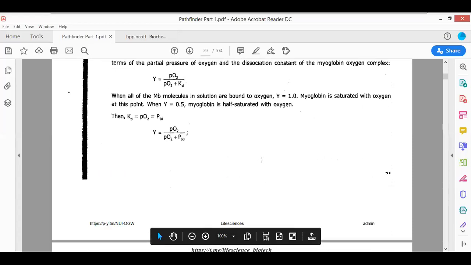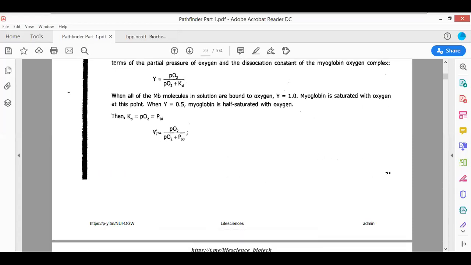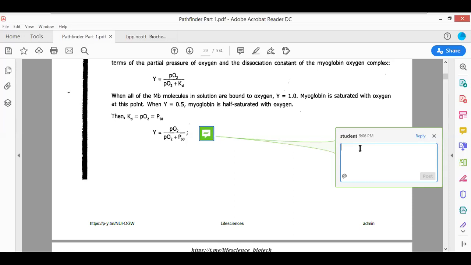Now you take this value Y and you take another value, 1 minus Y. Y would be binding sites occupied.